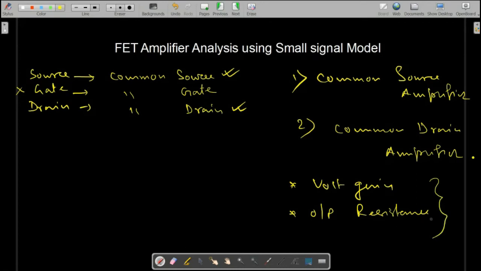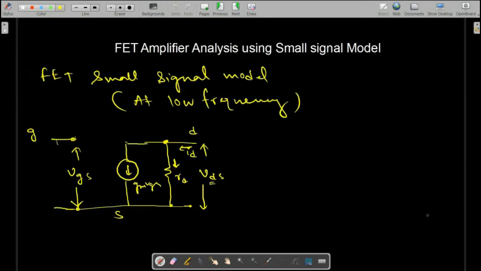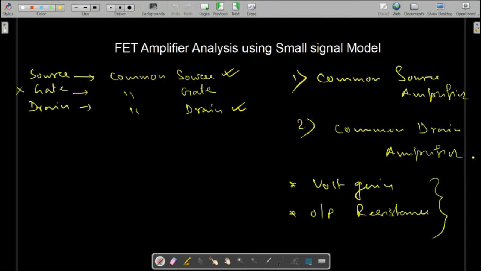So why are we not going for current gain? Because you see, for FET devices the input side impedance is very high. So if you want to calculate current gain, that is output side current by input side current, since the input side current tends to 0, it is not required to calculate the current gain.